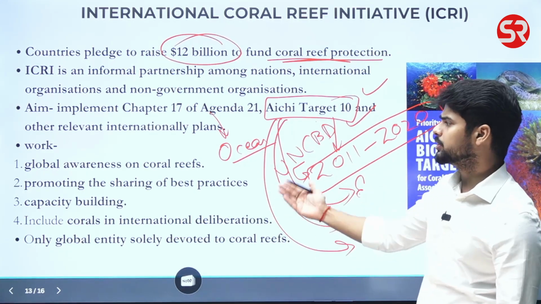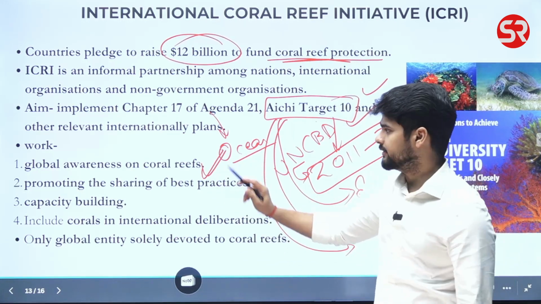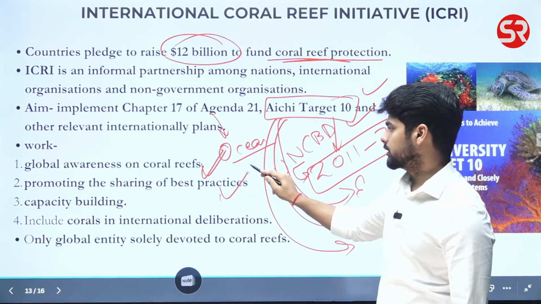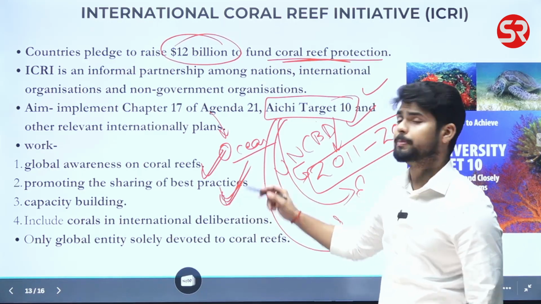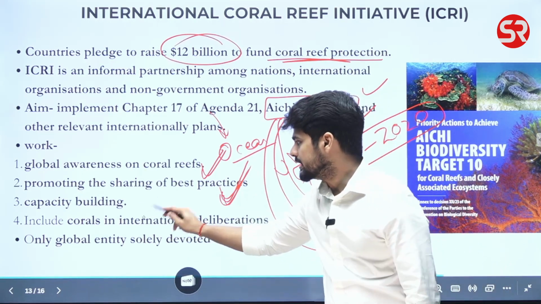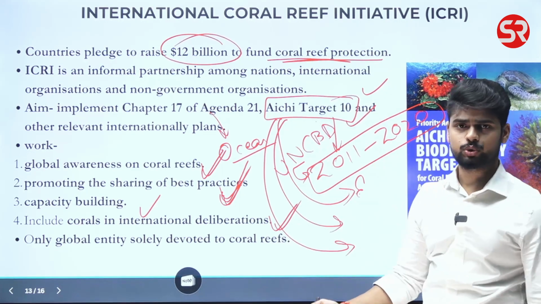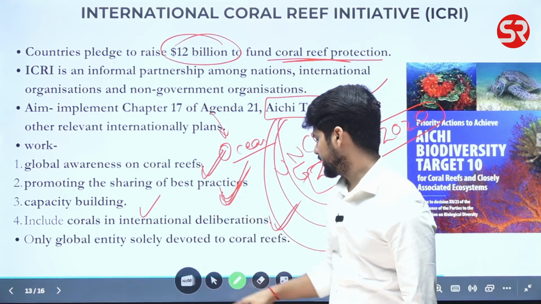They are doing a variety of work, for example to increase awareness on coral reefs, promoting the sharing of best practices related to coral management, capacity building, etc. So these are the things which you should know about ICRI.